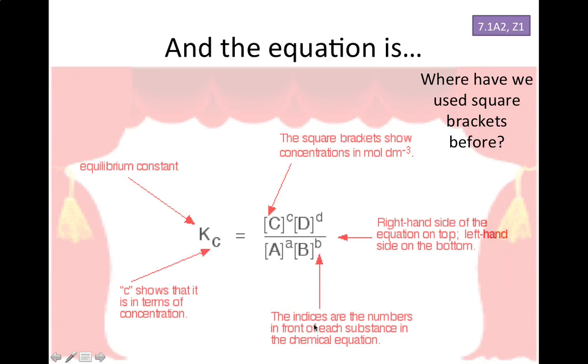The indices, the numbers in front of each substance, that's the molar ratio of the chemical equation, are what go as the superscript or power. Notice here, we finally see what that C means. That C represents that this is my K value, my equilibrium constant, in terms of concentration. And that's all that we're going to deal with for our equilibrium constants in the IB standards.